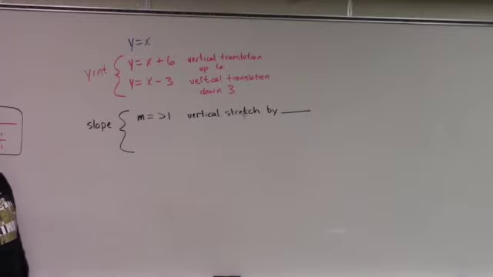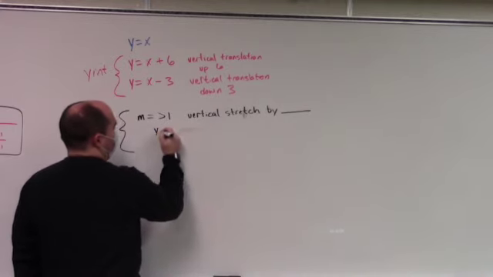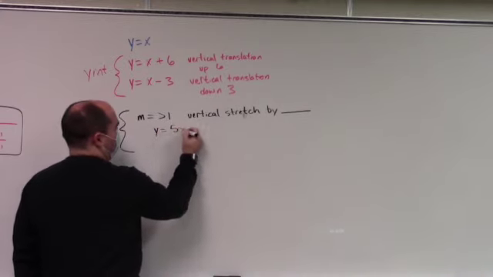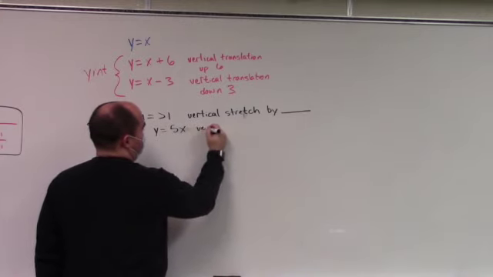So if it's like 5, it would be a vertical stretch by 5. So if I had y equals 5x, then yes, you would say a vertical stretch by 5.